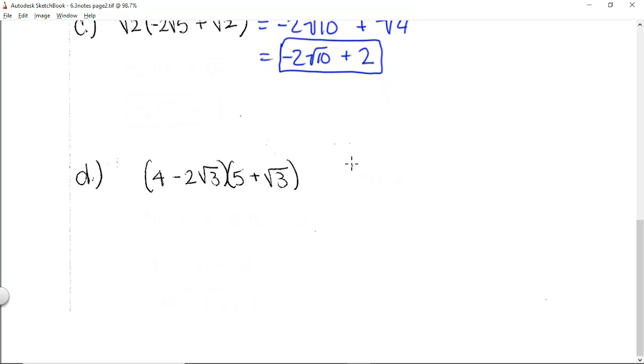You're probably familiar with this acronym. So we multiply, we'll do this one first. That gives us 4 times 5, well, that's 20. Okay, so then we take the 4 times the square root of 3. Okay, that's just 4 times the square root of 3, right?